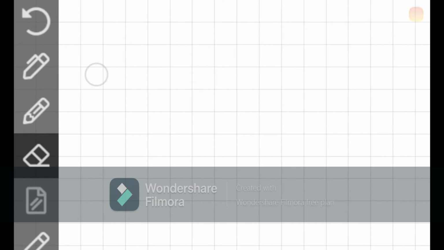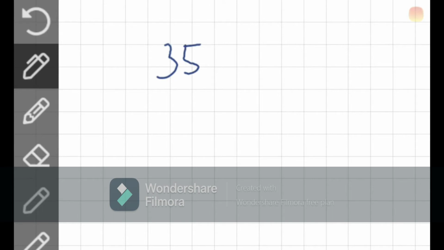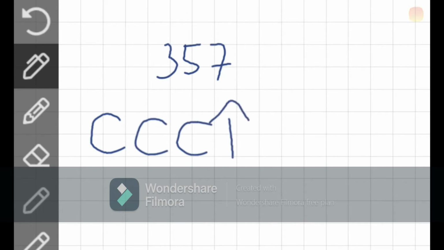So let's try another, something bigger. How about 357? How to write 357 in Etruscan numbers? So again, analysis and familiarization. I think we need first the symbol for 100. 100, 200, 300, 350, 355, 356, 357.